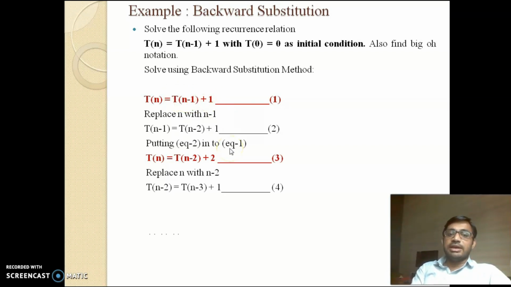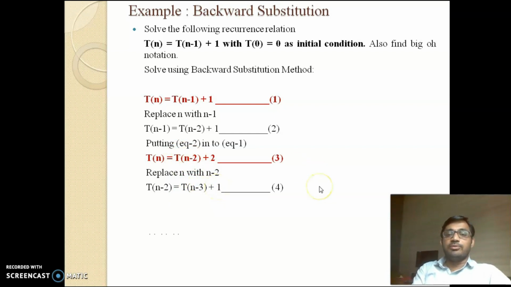Then we can get the next equation, that is T of n minus 2 is equal to T of n minus 3 plus 1. This is our equation number 4. Same way, here we have a value of T of n minus 2. This T of n minus 2 value we can put in our equation number 3. In place of T of n minus 2, we can write T of n minus 3 plus 1.